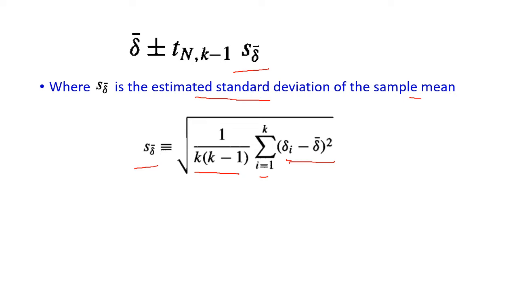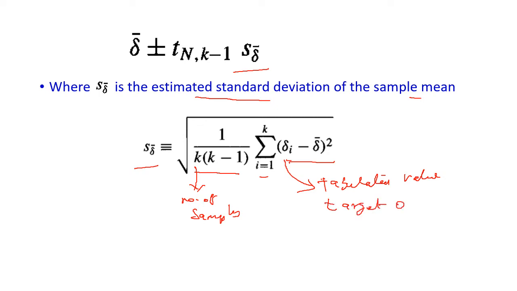Here k is the number of samples, and this delta i is the tabulated value, otherwise the target output, and this delta bar is equal to the calculated output.